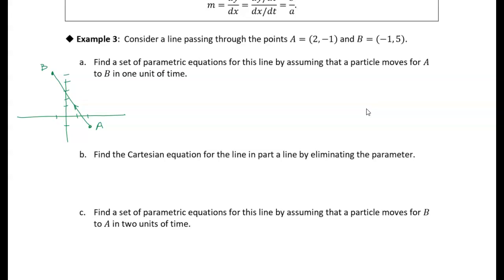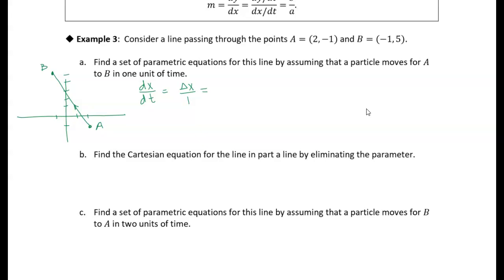Okay, so if that's the case, then our dx dt, our change in x with respect to time, we're dealing with constant speed, so we can take the change in x over 1 unit of time, right?